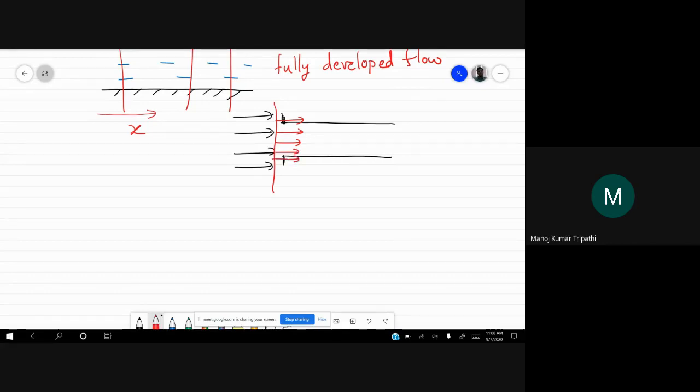But at some other cross section, let's say here, because of the no slip boundary condition that we discussed, at the solid walls the fluid achieves the same velocity as the solid. So if the top wall is moving, then the fluid will have a velocity equal to that of the solid wall. And at the bottom wall, because it is fixed, the velocity is zero.